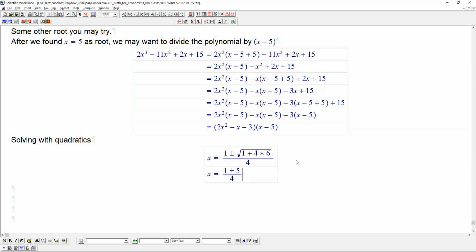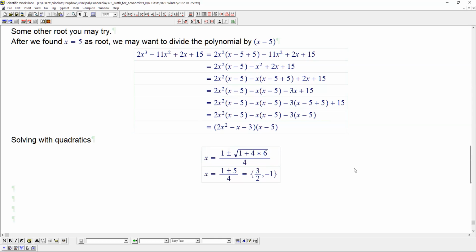So I get 2 solutions. So 3 divided by 2, and minus 1. So here you go. Right, so that's another way of doing it.